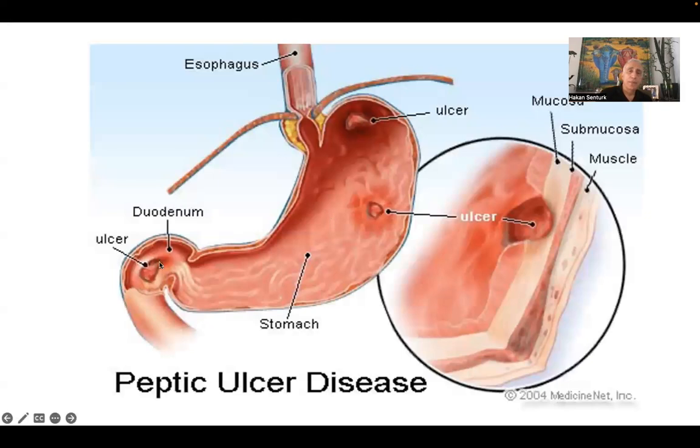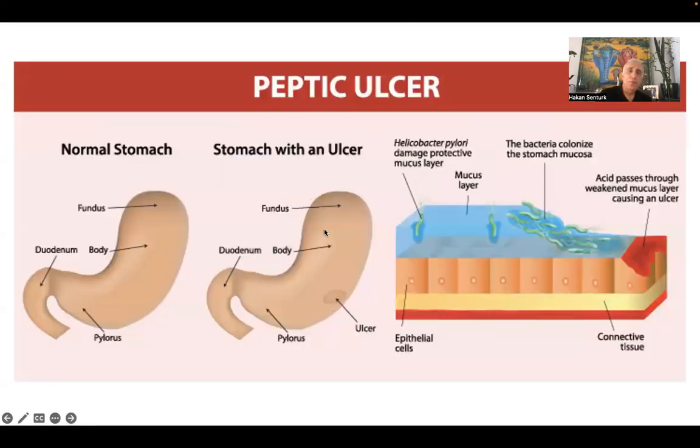These are the graphic demonstrations, ulcer in the bulb and stomach. In the development of peptic ulcer disease, this mucus layer is very important for prevention. This mucus layer covers the inner side of the stomach, above the parietal cells, and it prevents back diffusion. Back diffusion means that the acid secreted from these cells cannot return to them.